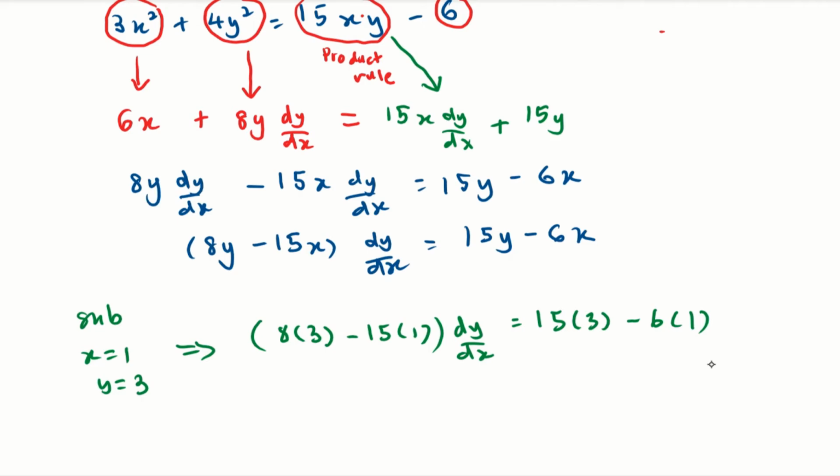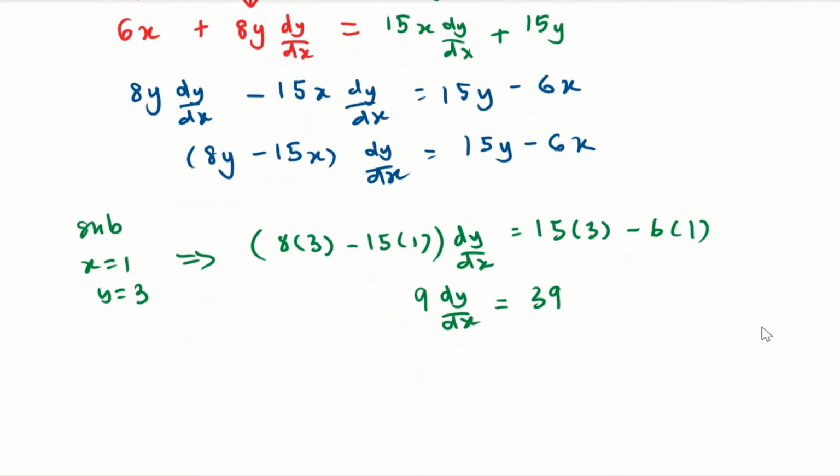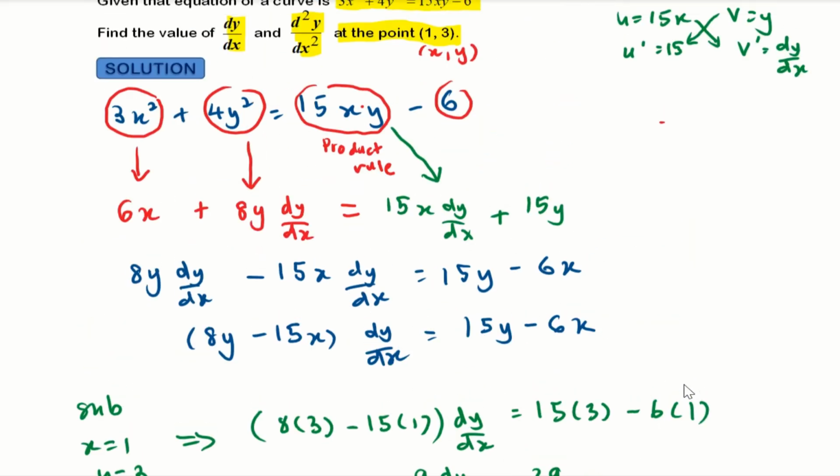We get 9 dy dx equals to 45 minus 6. We get 39. So finally we get dy dx equals to 13 over 3. So this is the value of dy dx when x equals to 1, y equals to 3. So ini baru kita mencari nilai dy dx.